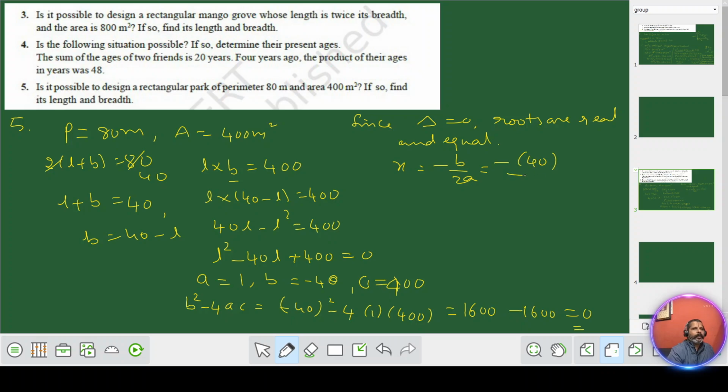Minus of minus 40 by 2 of 1. 40 by 2, it is 20. Therefore, x is nothing but here L only, because the equation is in L form. Okay. So L is 20 meter.